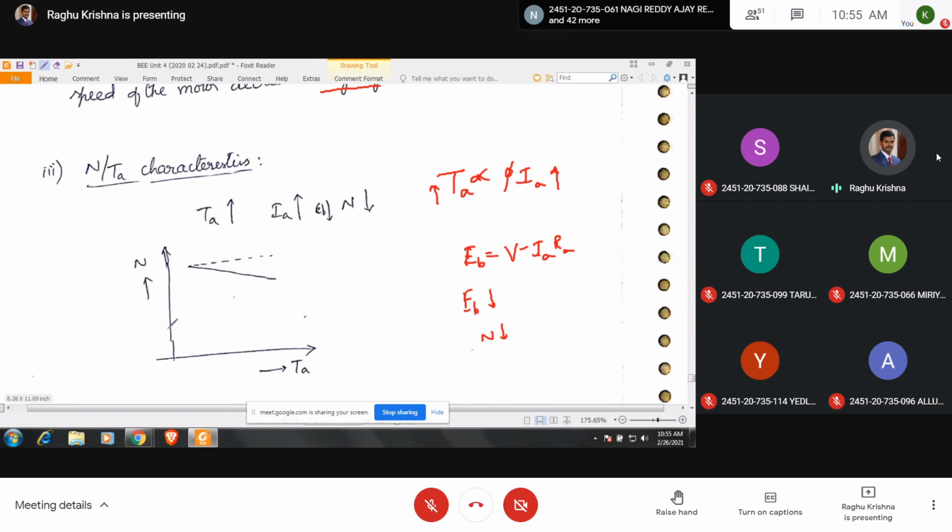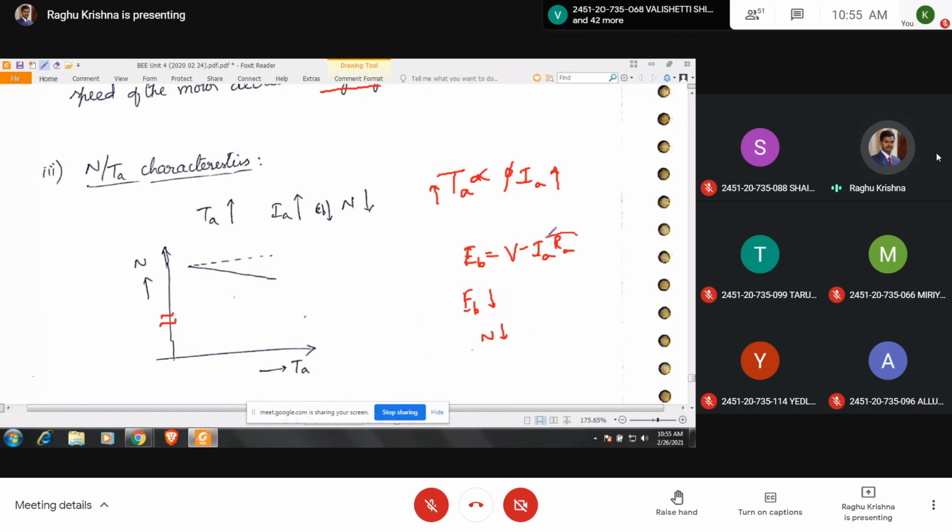But this reduction in the speed is little. Why is it little? Already I told you that Ia into Ra is negligible. As torque increases, Ia increases, and as Ia increases, EB decreases, but the decrease in EB is very less. As EB reduces, speed reduces.